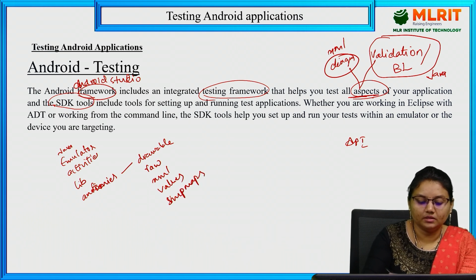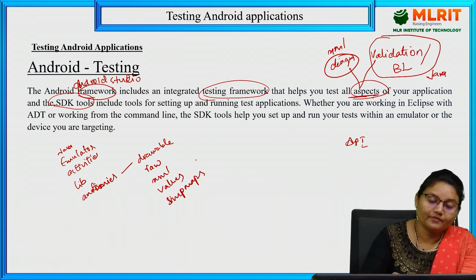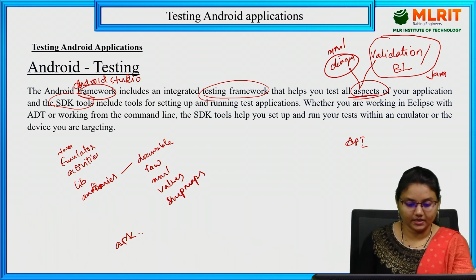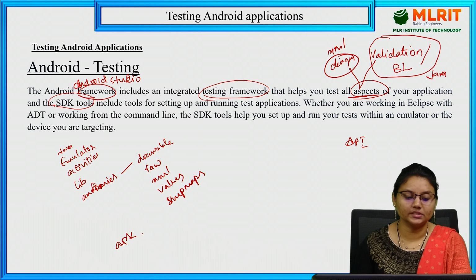So, these are all the different resources. APK files will also come under this. Whatever tools you are using for your Android application to work, those are the SDK tools.